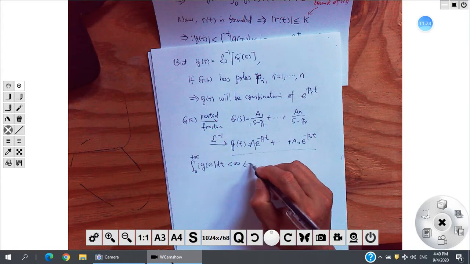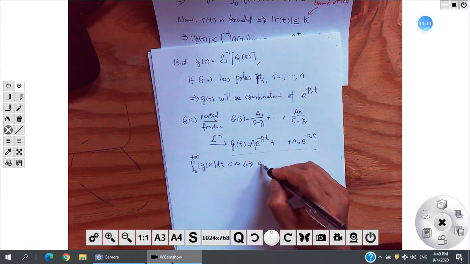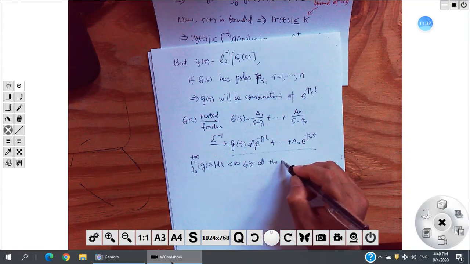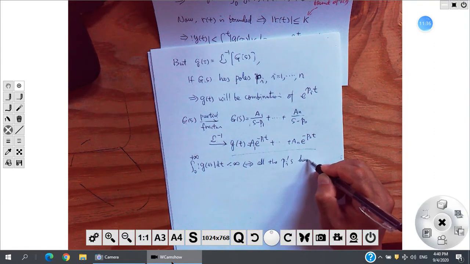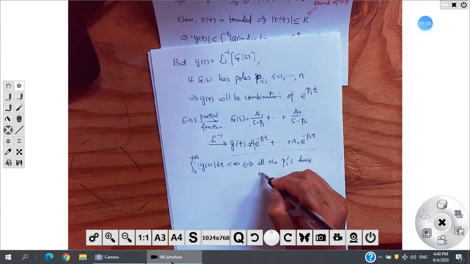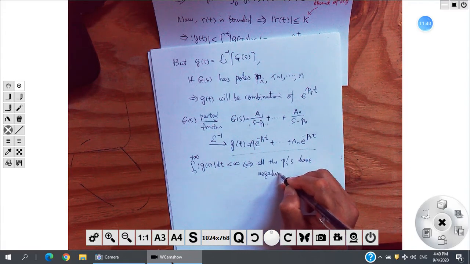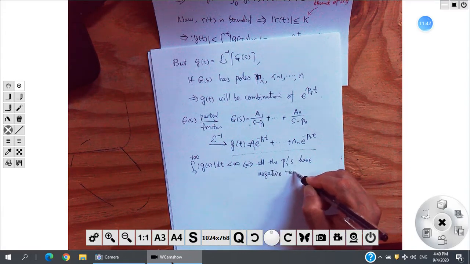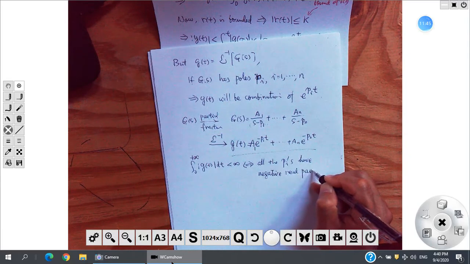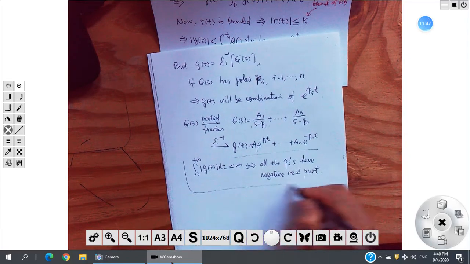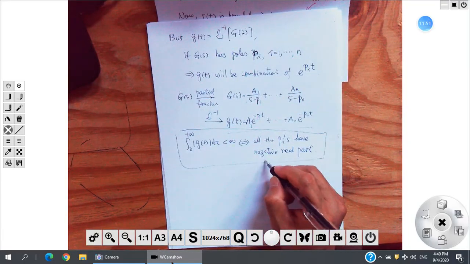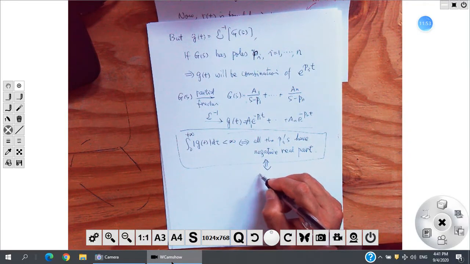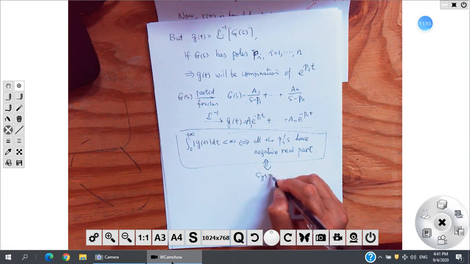If all the p_i's have negative real part, we have this. So okay, this will be the condition for a stable system.